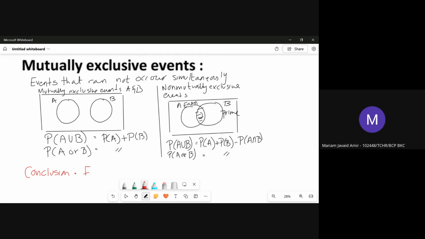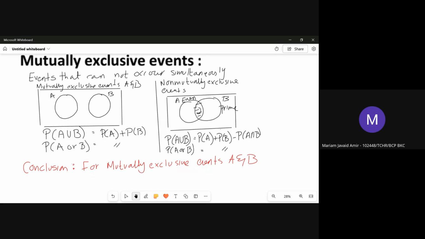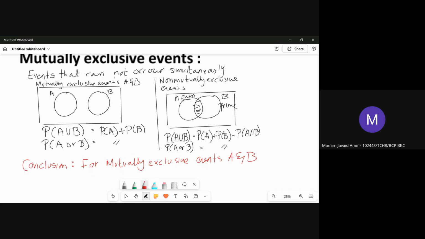For mutually exclusive events A and B, if A and B are mutually exclusive, then they have no intersecting region between them.